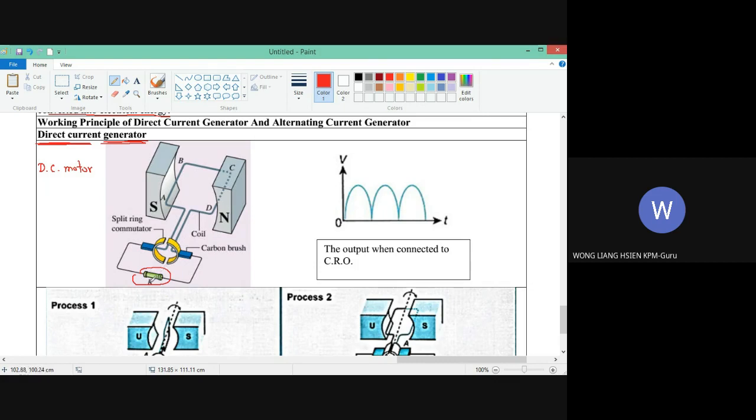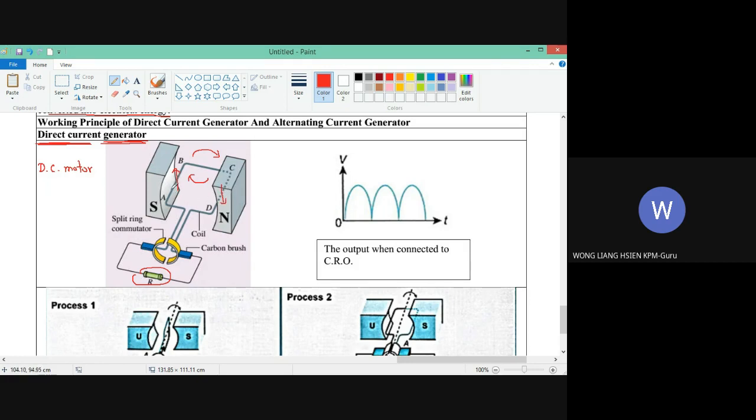But here you don't have a power supply, because what you do is rotate the coil. When you rotate the coil, electric current will be produced, because this side, AB, and the CD side, one will move up, one will move down, and they cut the magnetic flux.